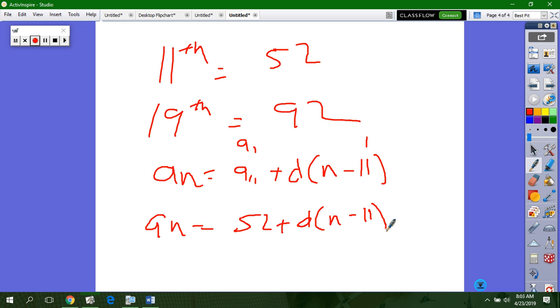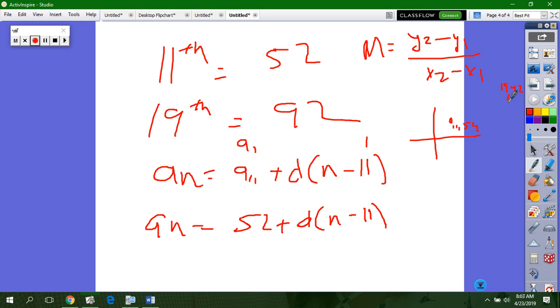How did you ever find slope with 2 points? What do you subtract? Can you remember the equation? If you recall, slope was y2 minus y1, because that's your rise, right? The y values are the rise, over x2 minus x1, which is your run. You remember doing slope that way? You could also think of it as if this is 11, 52 and this is 19, 92.